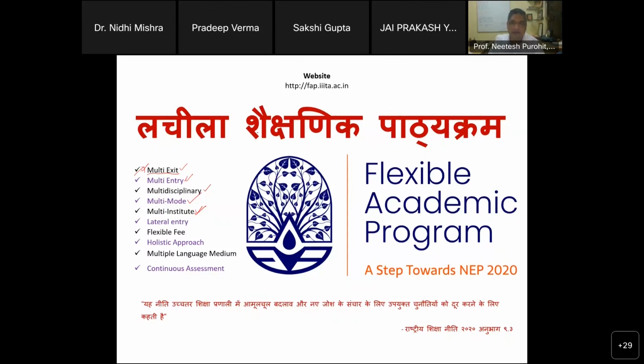So this quality education is something which can be possible if and only if we somehow allow the multi-institute faculties, different faculties available at different institutes, to be involved in teaching the students of the other institute.